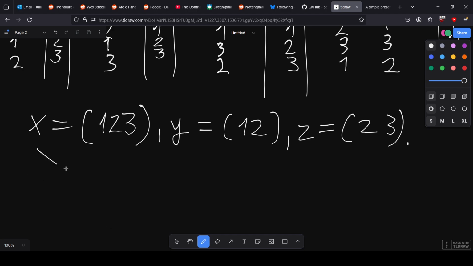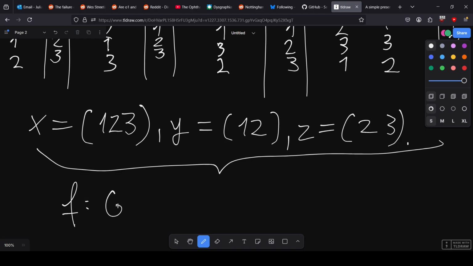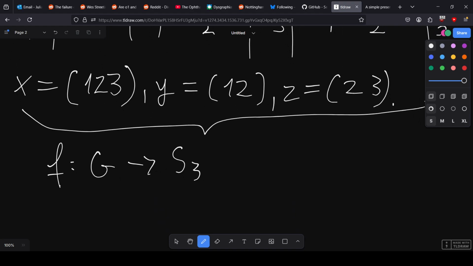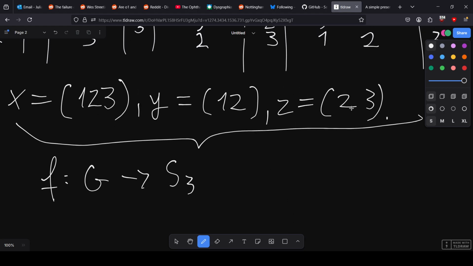Through this, we can determine a homomorphism from G into the symmetric group on 3 elements. This, in particular, funnily enough, generates S3.